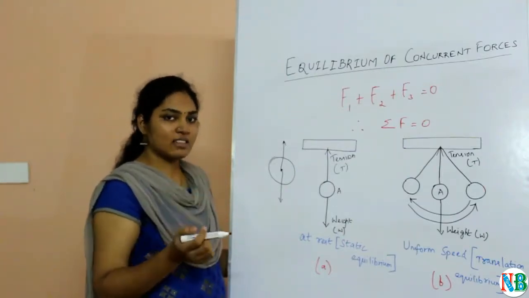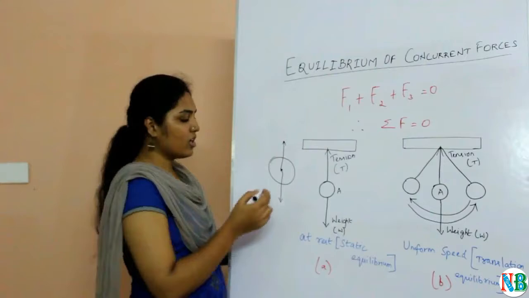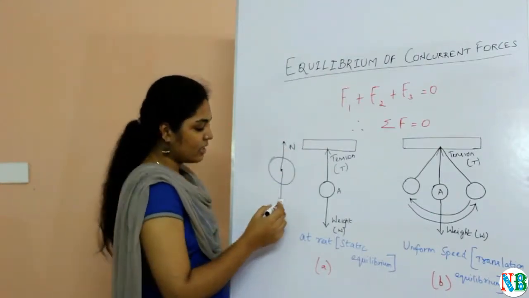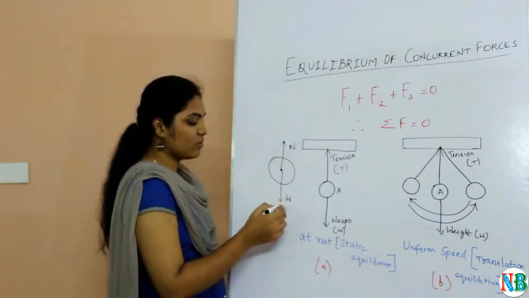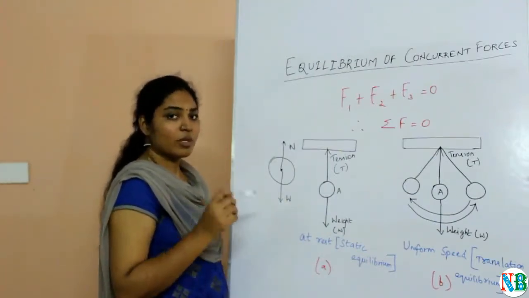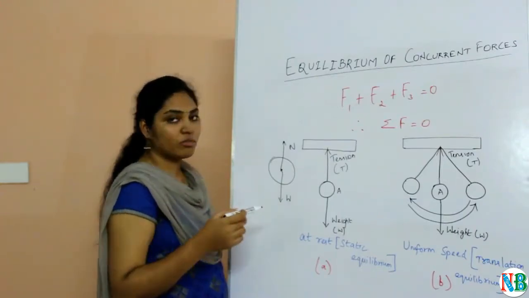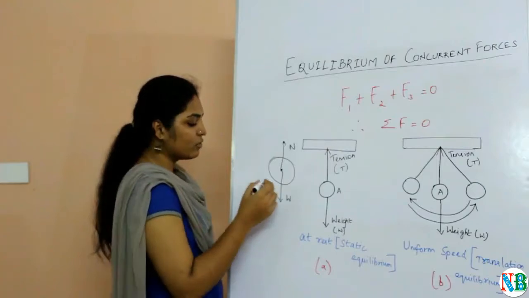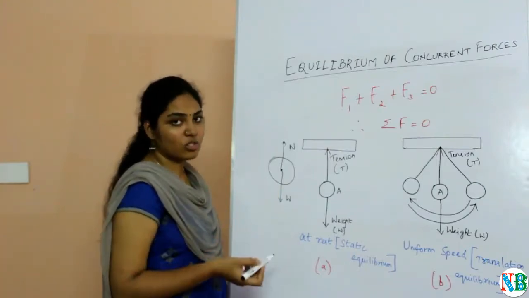So they cancel each other, because the normal force acts in this direction and the gravitational force due to its own weight acts downwards. Because they have the same magnitude but opposite direction, they cancel. So the net force, that is the resultant force, will be 0.